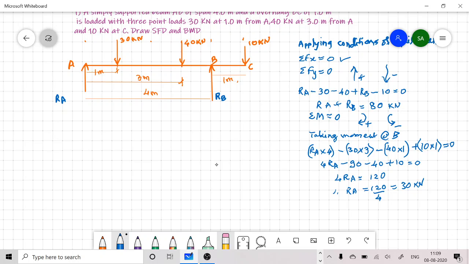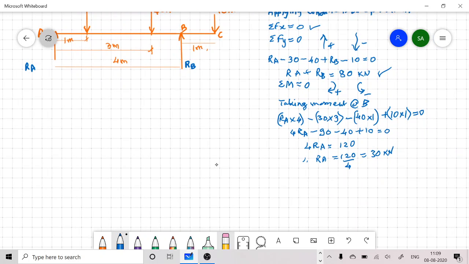We can easily find the value of RB from the first equation, but if we make a mistake in the calculation of RA, RB will also go wrong. So we will not do like that. We will find RB separately, taking moment about A now. About A, again clockwise positive, anticlockwise negative. RA into 0, no need to write.